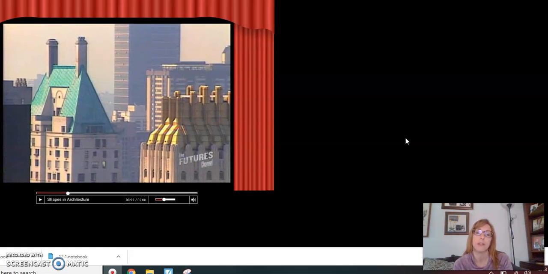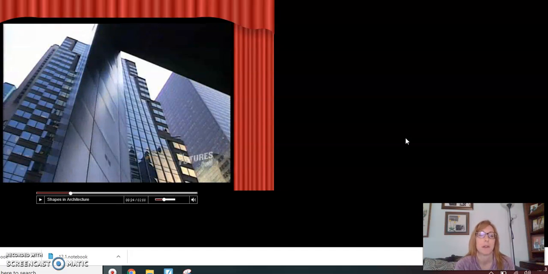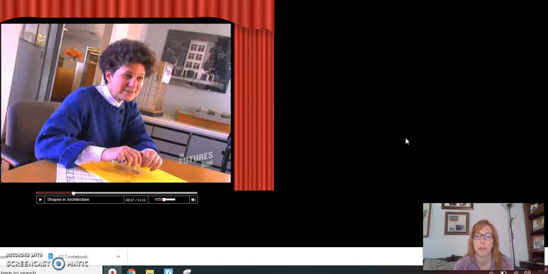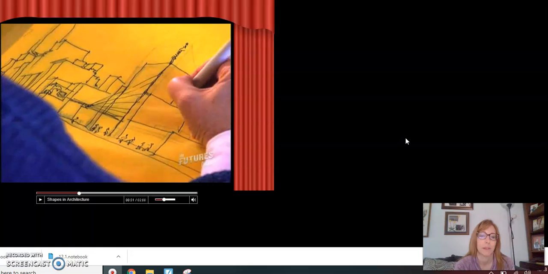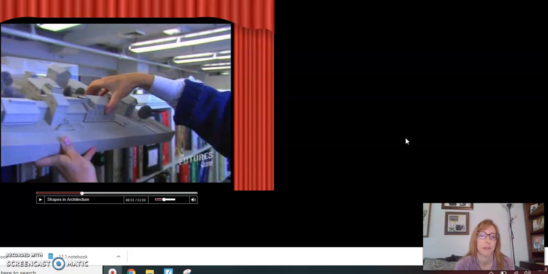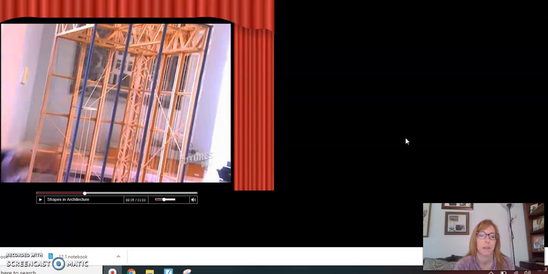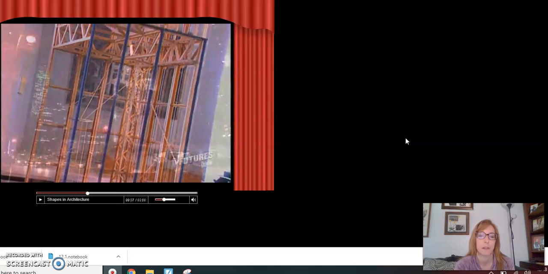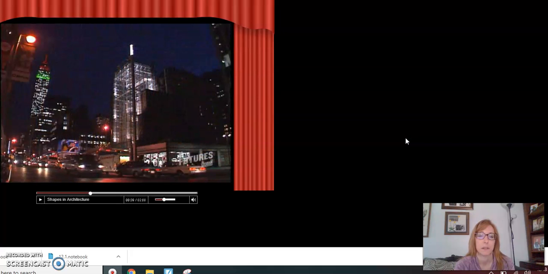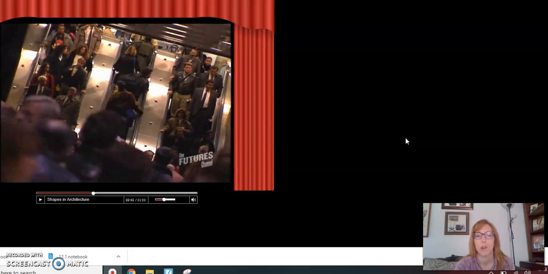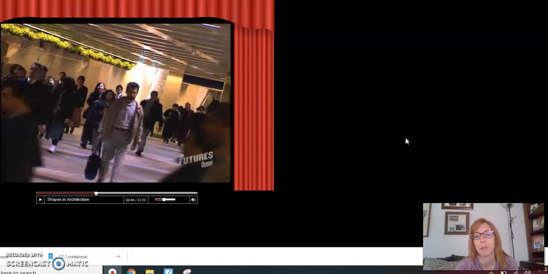So you can see all the different shapes when you're looking at all these buildings. So try to find all the different shapes.